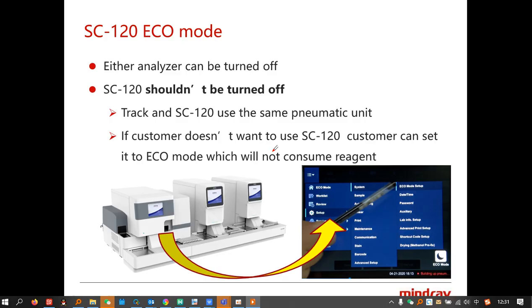But if the customer doesn't want to use the SC anymore, they can set the SC into the economic mode. In the economic mode, the SC will only power on its power assembly and its main control board, and other components are without power.